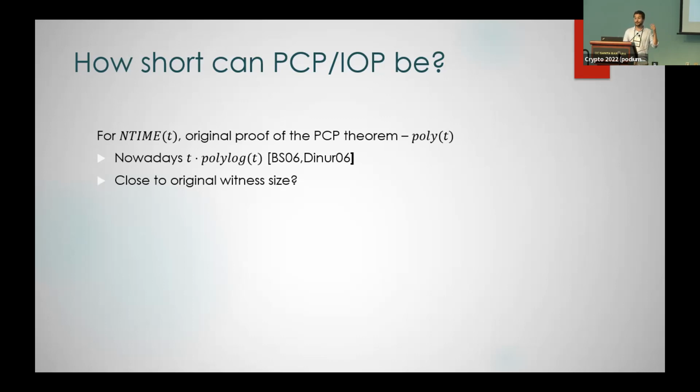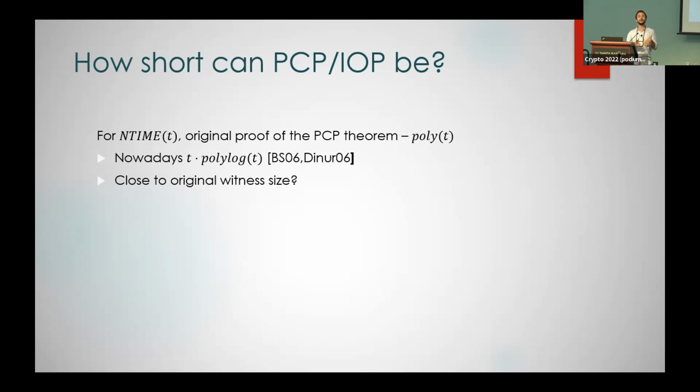If we go back to the original proof of the PCP theorem, there the length of the PCP proof was polynomial in T, where T is the verification time. And many improvements have occurred since, and now we have PCP proofs with quasi-linear length. But an interesting question here is, can we get close to the original witness?